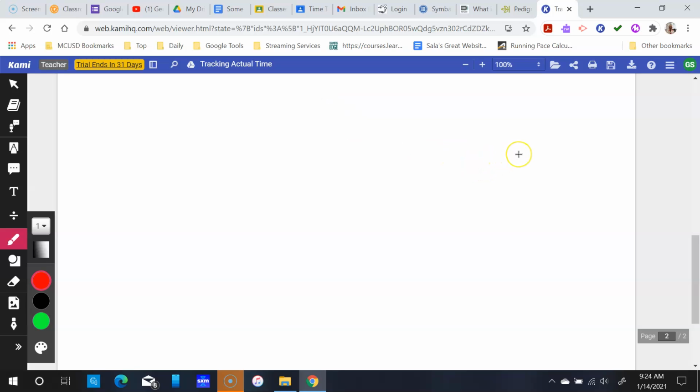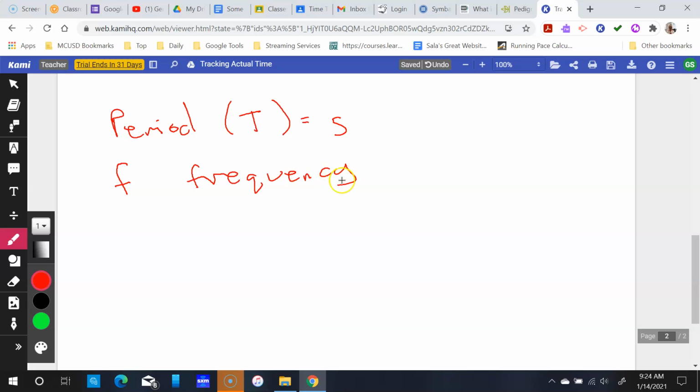All right, so from the notes, we had looked at the period. So again, the period is represented by a capital T. And again, that is a unit of time. So your unit would be in seconds there. Then you have F, which is for frequency.